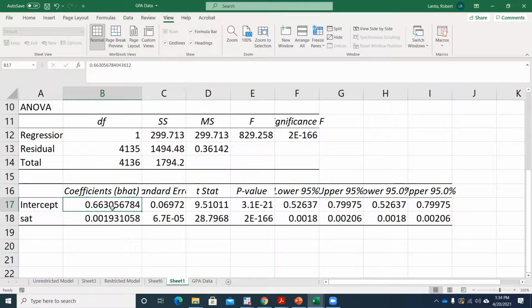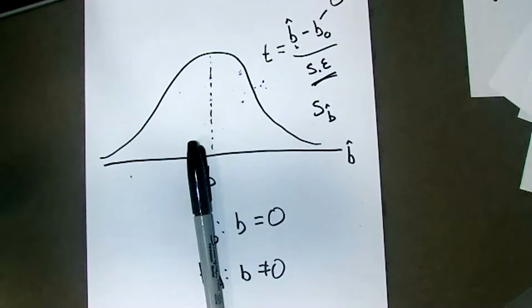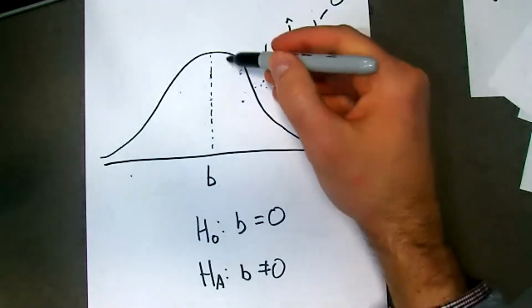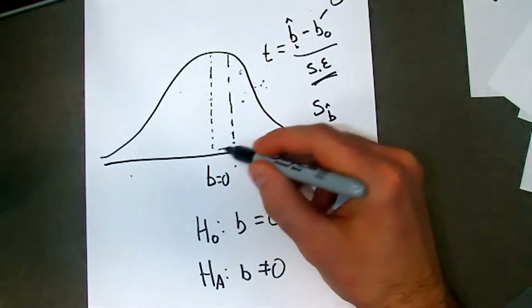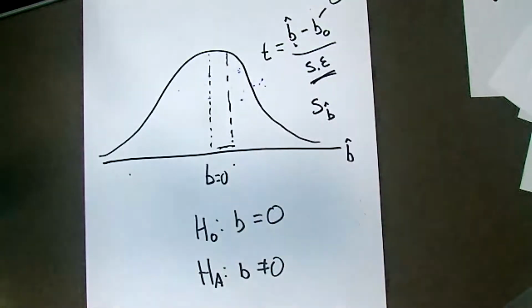So I have the estimated intercept coefficient, the estimated slope coefficient on the SAT score variable, and the p-values associated with each of them. I could see some coefficient value that's different from 0, but if my sample size is small, even if I see something a little bit further away from 0, it's still fairly likely.